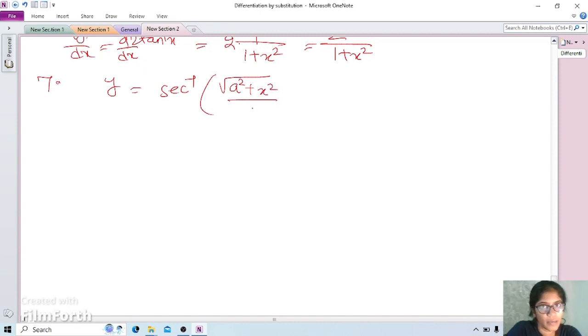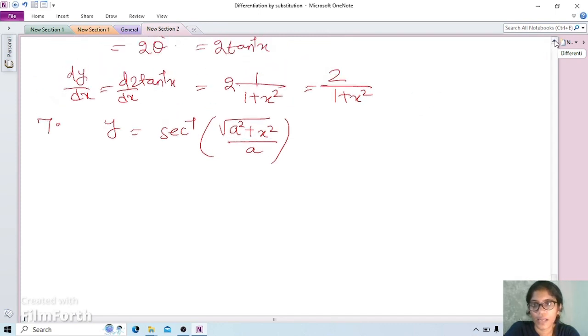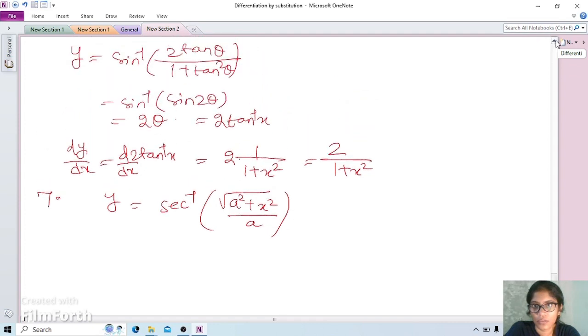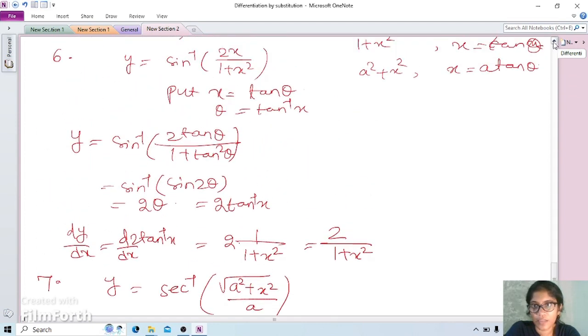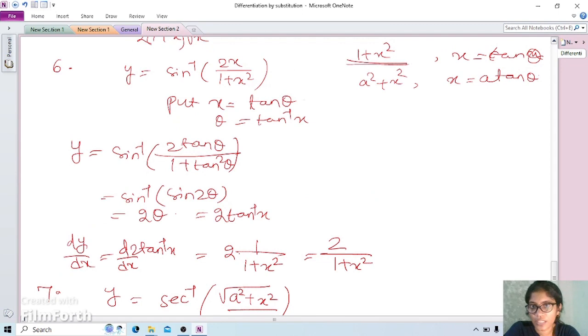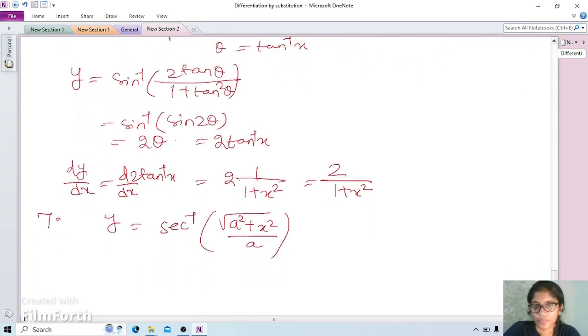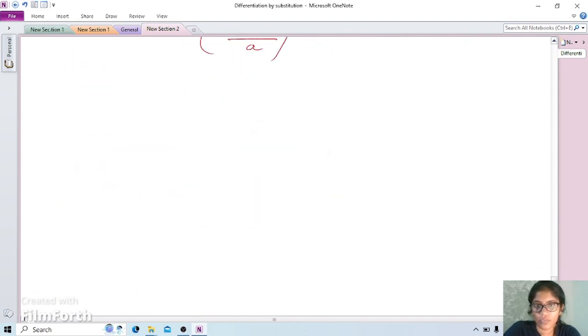Here a and a are cancelled, which equals sec inverse sec theta, which is theta. Value of theta is equal to tan inverse x by a.